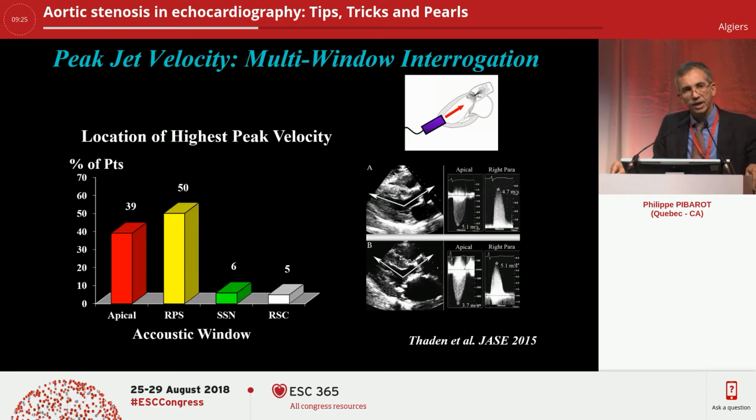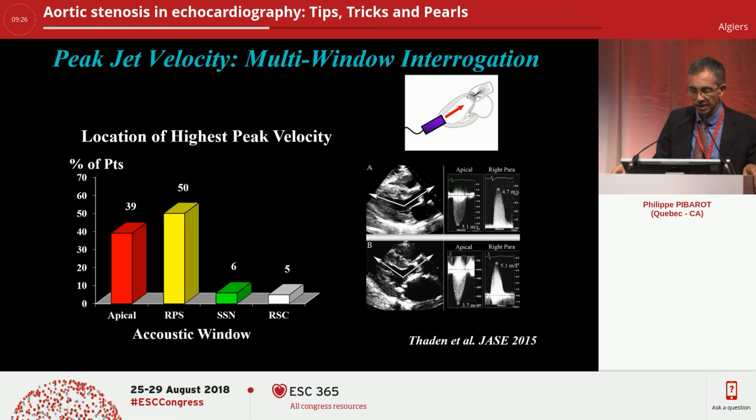So another caveat is when you measure the peak jet velocity and therefore calculate the mean gradient by continuous wave Doppler, the most important thing here is to really be sure that you get the maximum velocity. And to achieve this goal, you need to have the Doppler beam very well aligned with the direction of the flow. And this is why it is so important to do a careful multi-window interrogation.